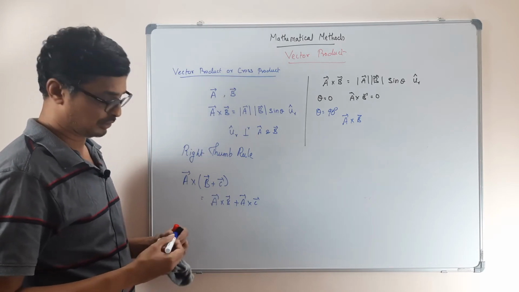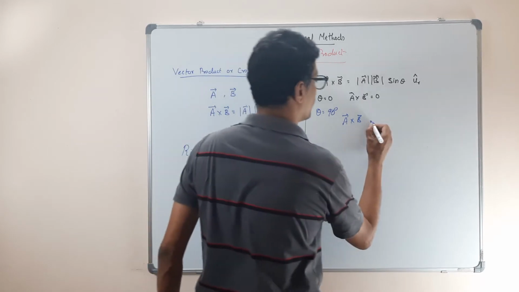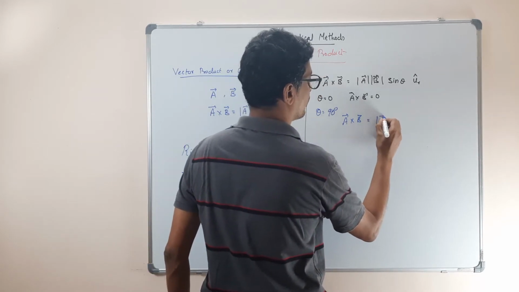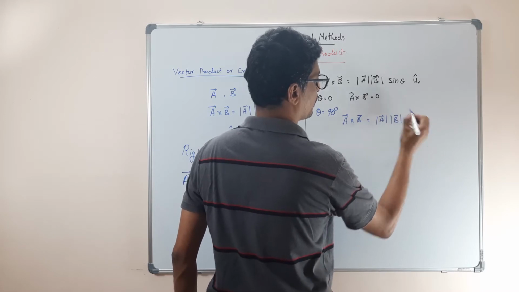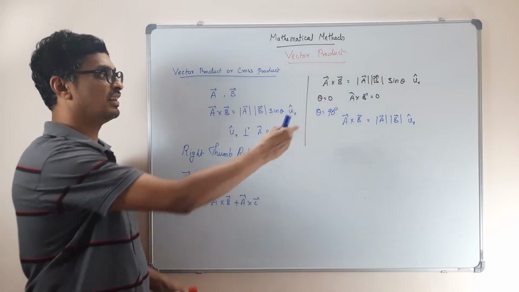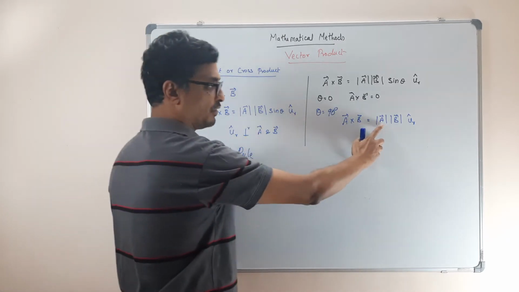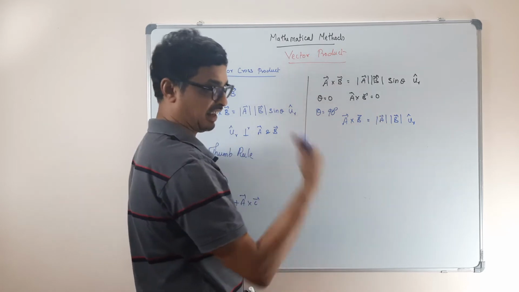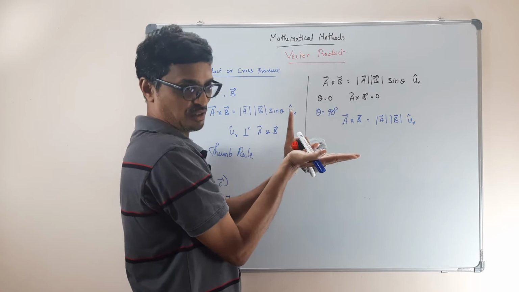Got it clear? Now tell me, when theta equals 90 degrees, what will this be? This will be magnitude of A times magnitude of B into u_r cap. Correct. So when theta is 90 degrees, the vector is just the product of the magnitudes with the direction. This is the maximum case, when all three are perpendicular to each other.